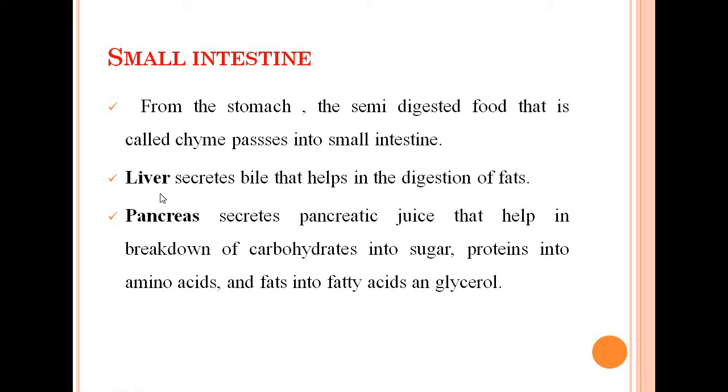As we have discussed, the liver is one of the largest glands. Here the liver secretes bile that helps in the digestion of fats. That bile juice is stored in the gallbladder, and whenever it is required for the digestion of fats, the bile juice is released from the gallbladder, but actually it is secreted by the liver, which acts as an accessory gland in digestion.